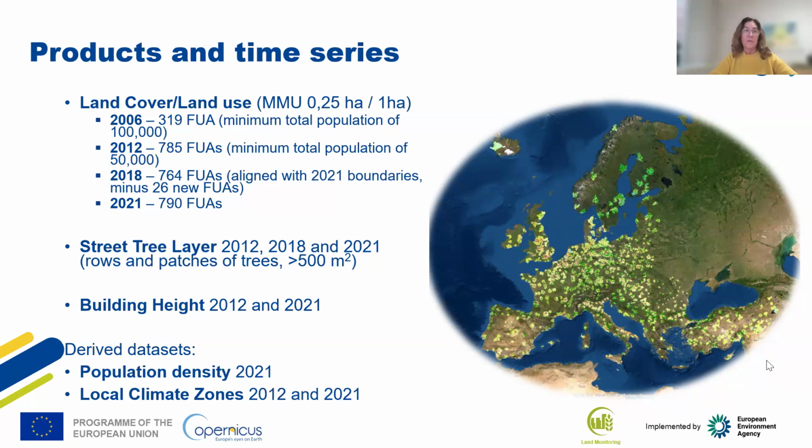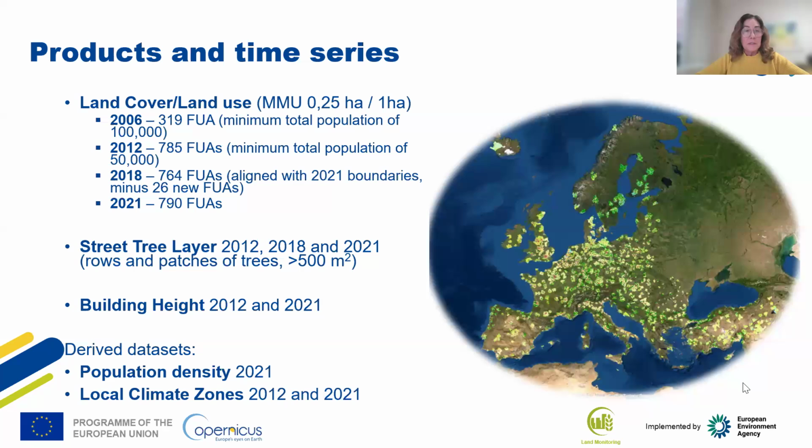And from 2012 onwards, we moved to covering cities with more than 50,000 inhabitants. So the data is spread over 39 countries, and the dataset maps 17 urban classes with the minimum mapping unit of 1/4 of a hectare and 9 rural classes with the minimum mapping unit of 1 hectare. It's available as vector data.